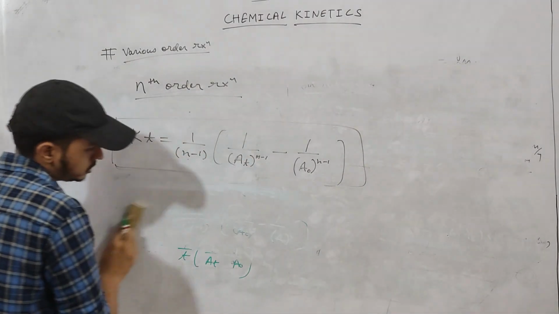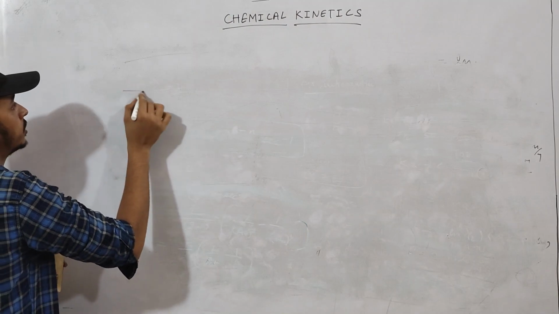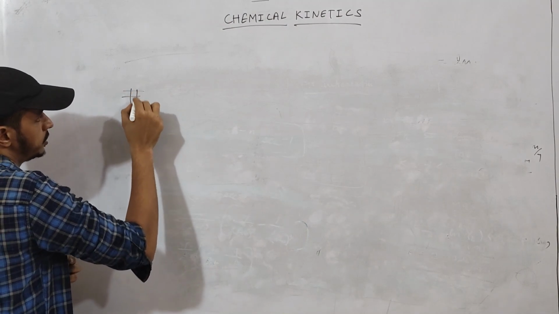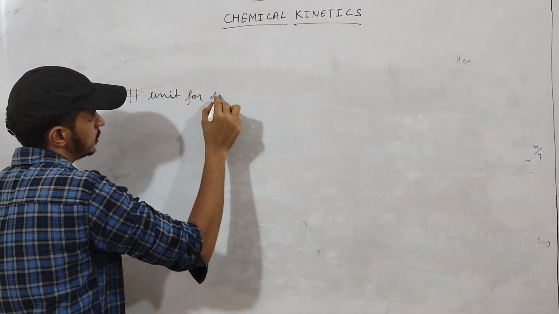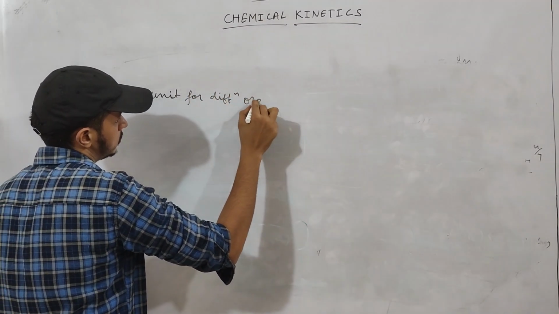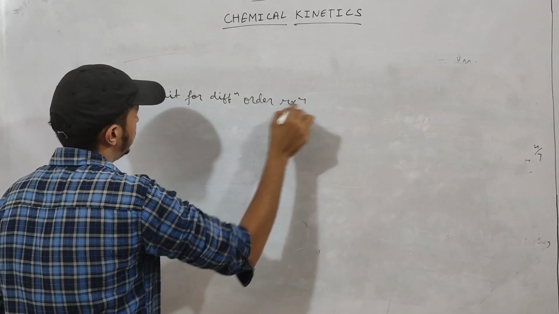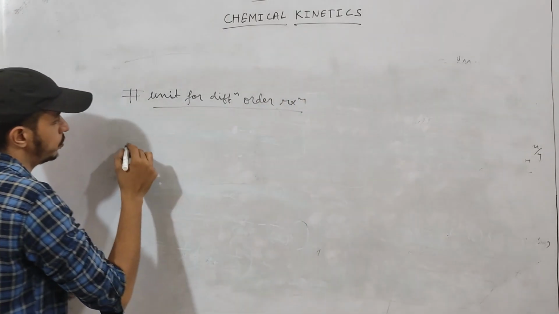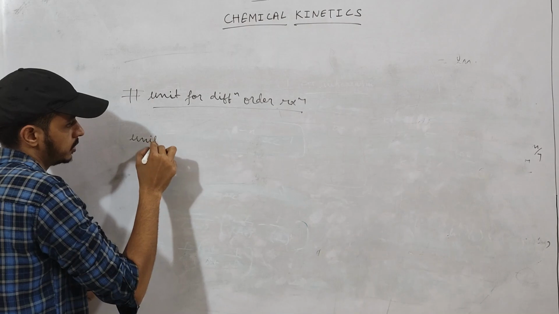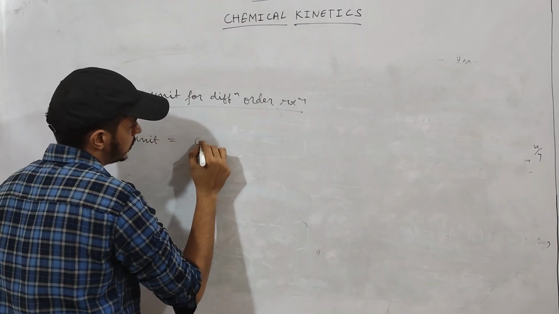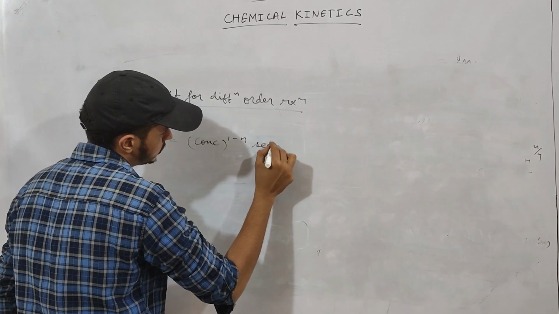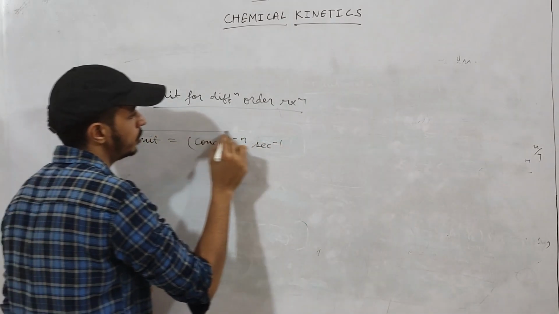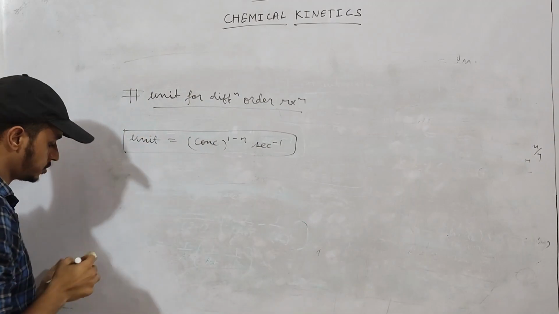And the last topic is how to calculate the unit for different order reactions. The basic formula to calculate the unit is concentration to the power 1 minus n, second inverse. Now we will calculate the unit for zero order, first order and second order by using this formula.